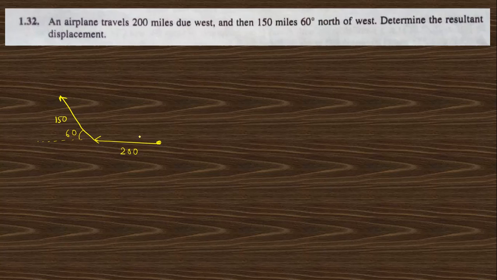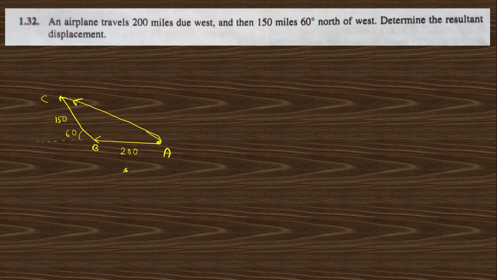Here the resultant means, if this is point A, this is point B, this is point C, the resultant will be AC. What will be the resultant of these two vectors?